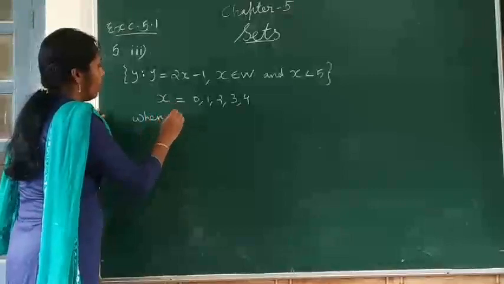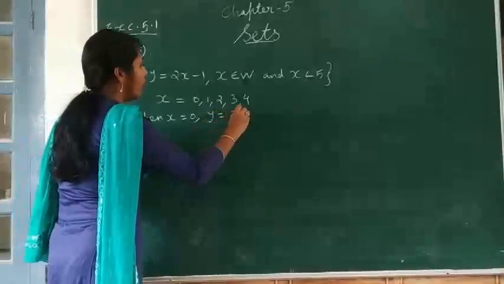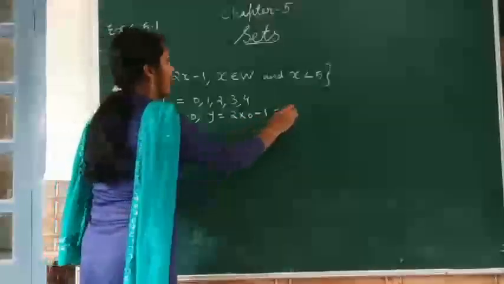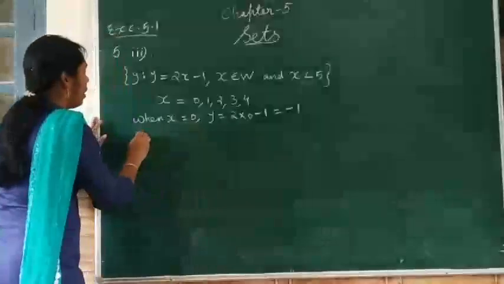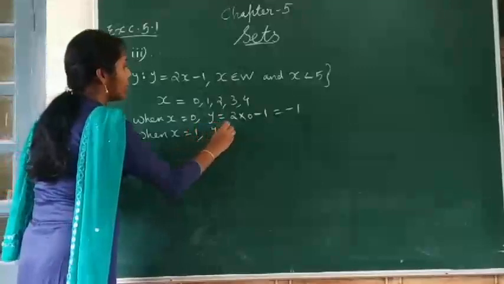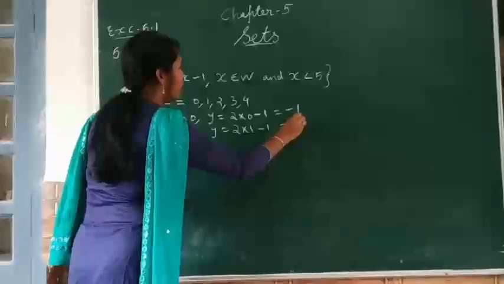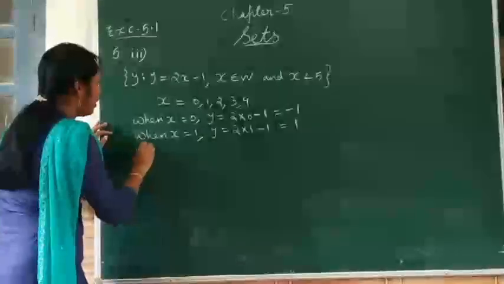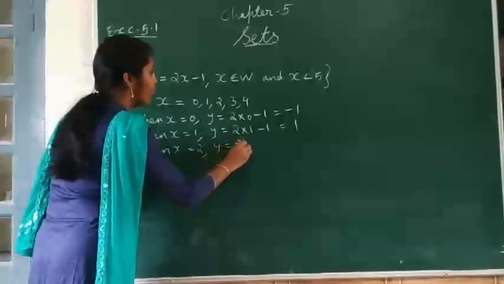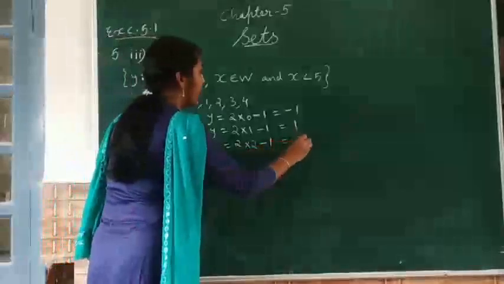When x is equal to 0, y is equal to 2 into 0 minus 1, which is equal to minus 1. When x is equal to 1, y is equal to 2 into 1 minus 1, that is equal to 1. When x is equal to 2, y is equal to 2 into 2 minus 1, that is equal to 3.